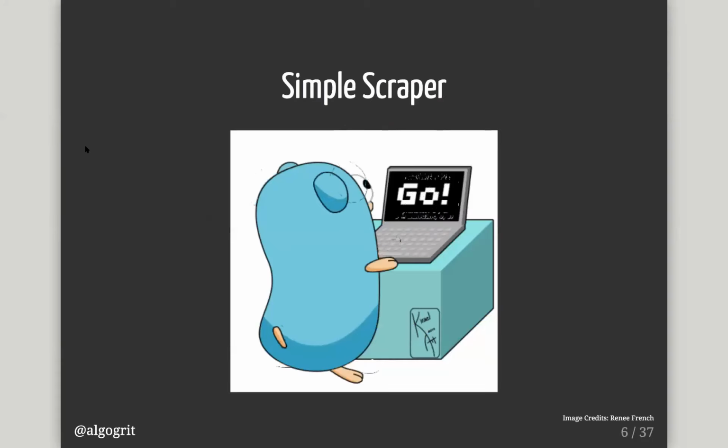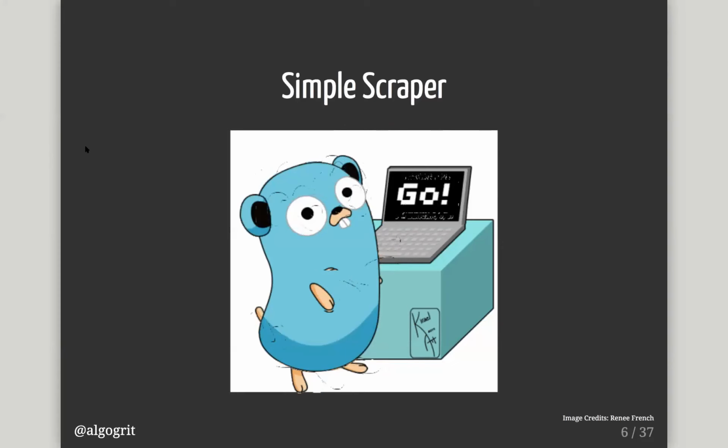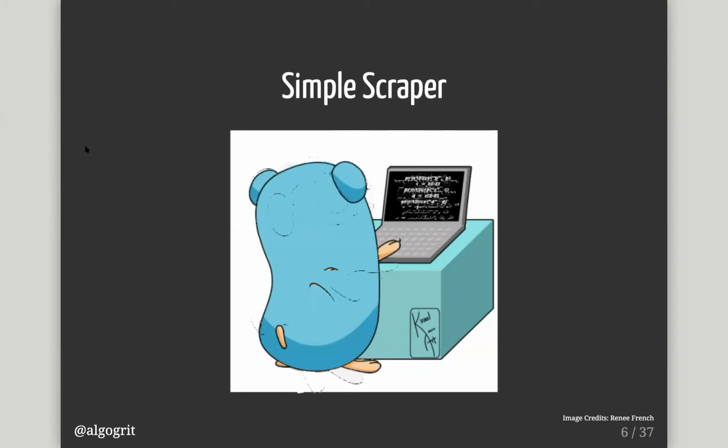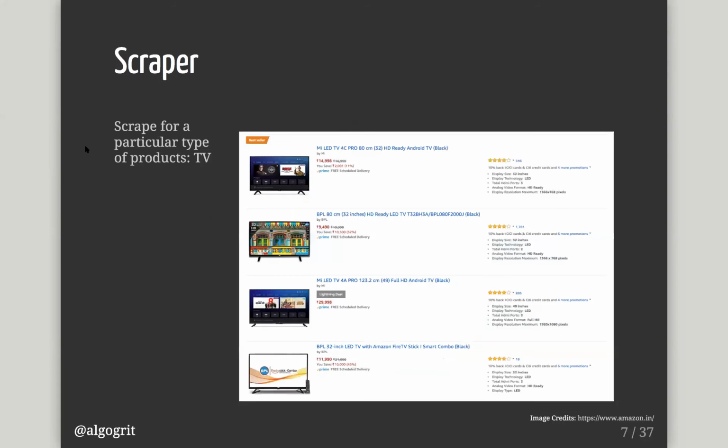So the program which I wanted to talk about initially is the simple scraper. It scrapes a particular type of products from the Amazon site. So you have the TV listing page. I'll walk you through the pseudocode of the program; I won't show you the program right away.